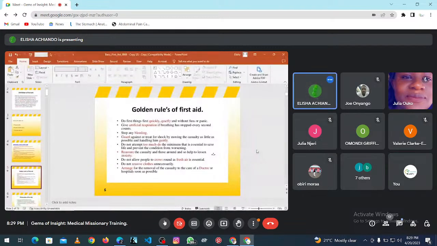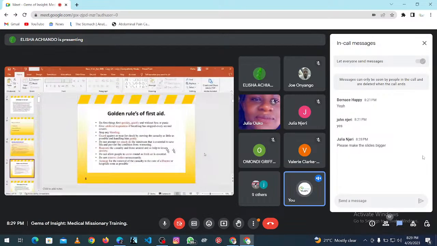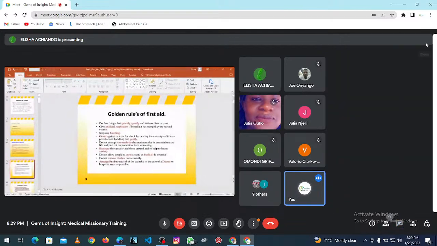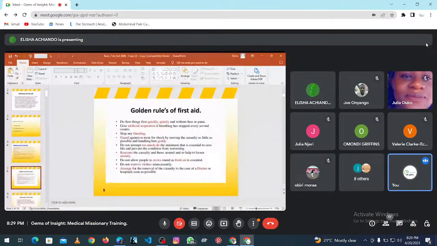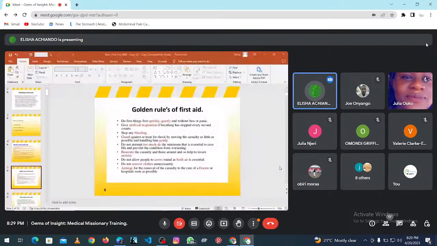Yes, Denzel. Actually, I've tried slideshow.